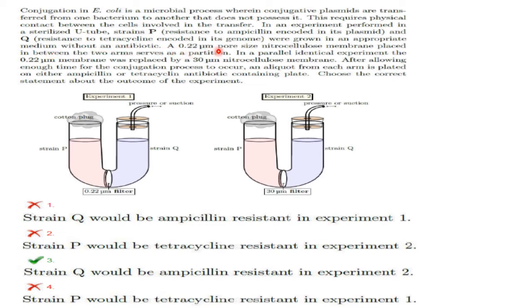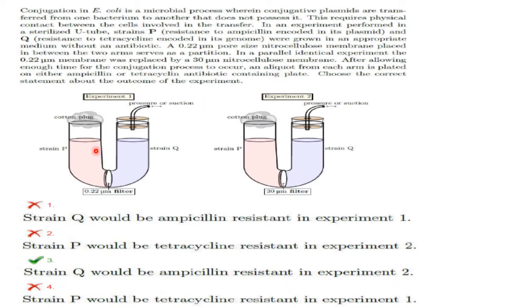A 0.22 micron pore size nitrocellulose membrane placed in between the two arms serve as a partition. In a parallel identical experiment, the 0.22 micron membrane was replaced by a 30 micron nitrocellulose membrane. After allowing enough time for the conjugation process to occur, an aliquot from each arm is plated on either ampicillin or tetracycline antibiotic containing plate. Choose the correct statement about the outcome of the experiment.